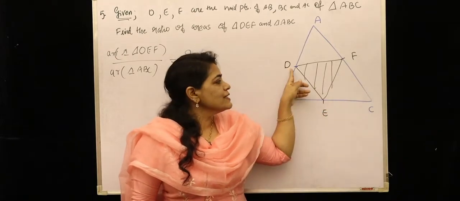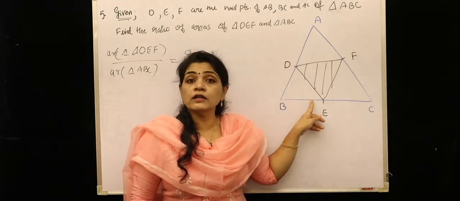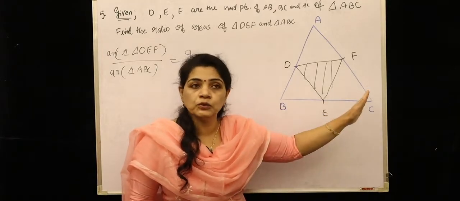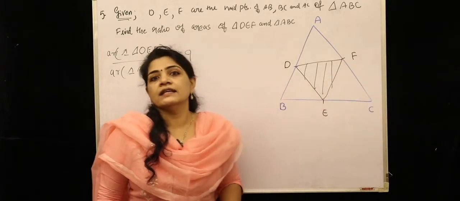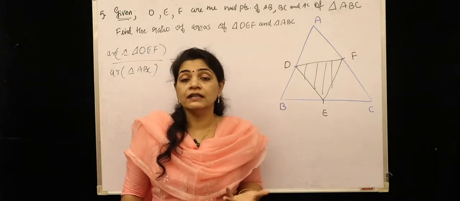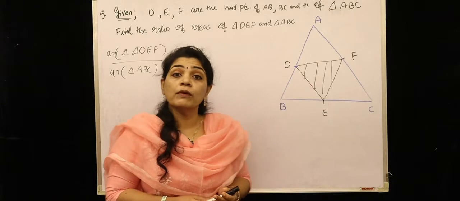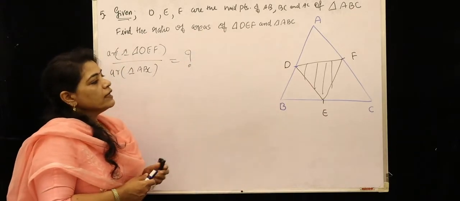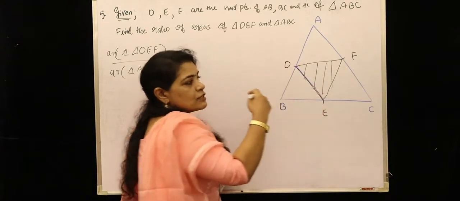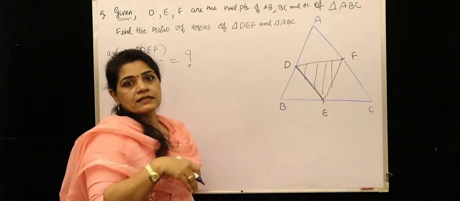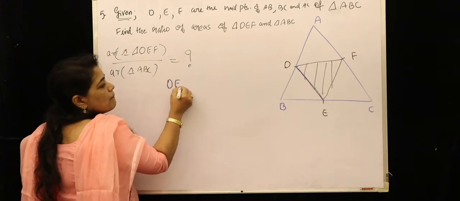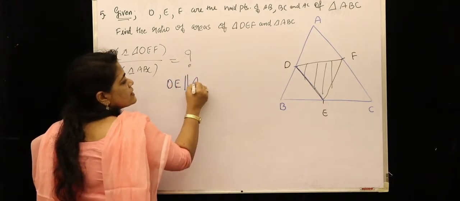The line segment joining the midpoints of these two sides will be parallel to the third side AC, by the midpoint theorem that we have learned in the 9th standard. So by the midpoint theorem, DE is parallel to AC.